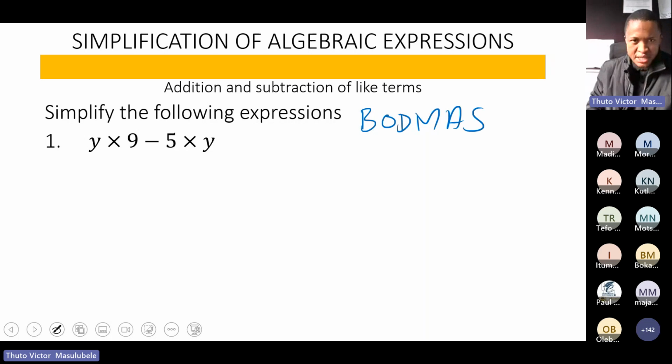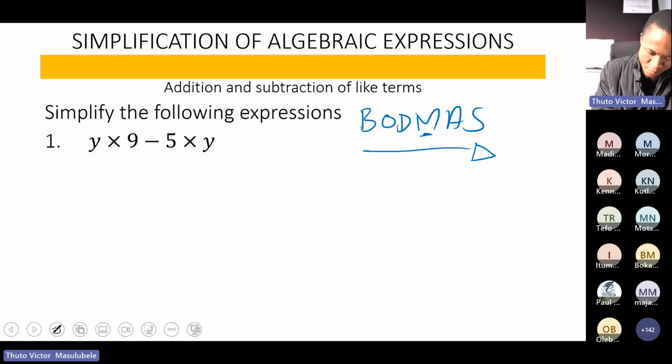It tells you the order in which we apply operation signs. Very important. So now what happens? It means in this particular expression, we need to apply multiplication first before subtraction, because when you look at the order of operations, multiplication comes before addition and subtraction. So in other words, what do we do?